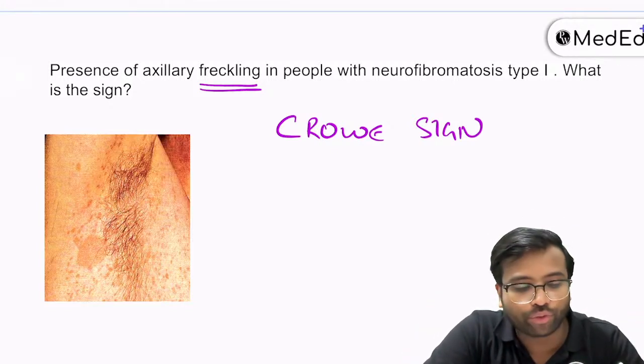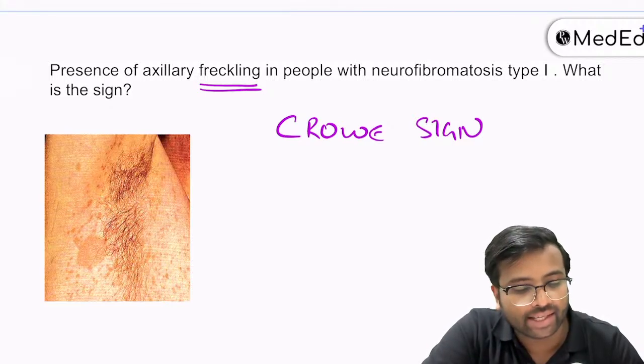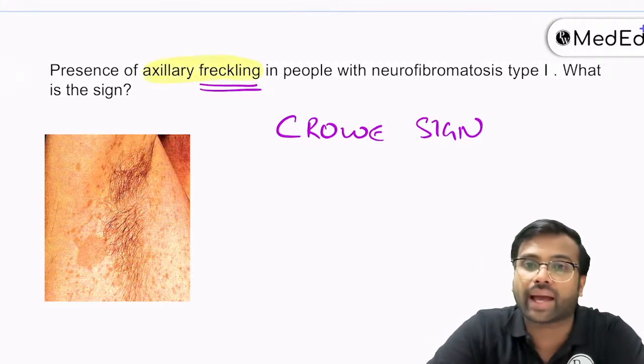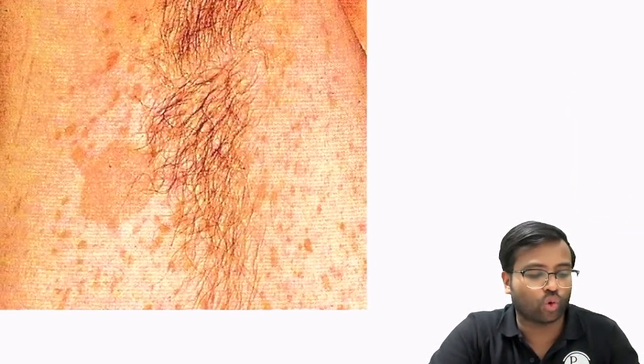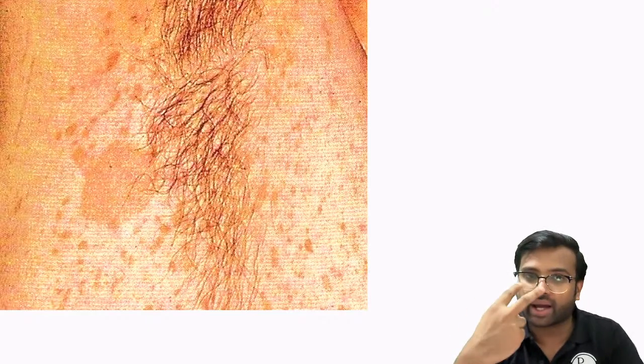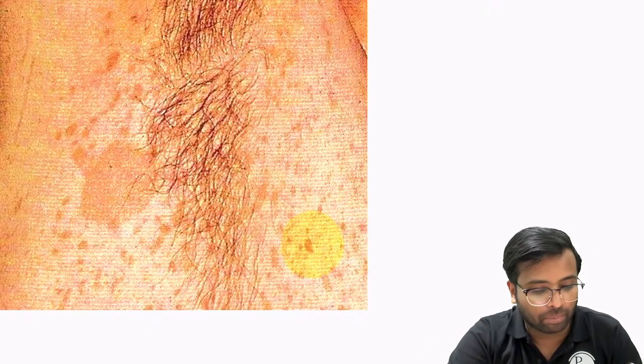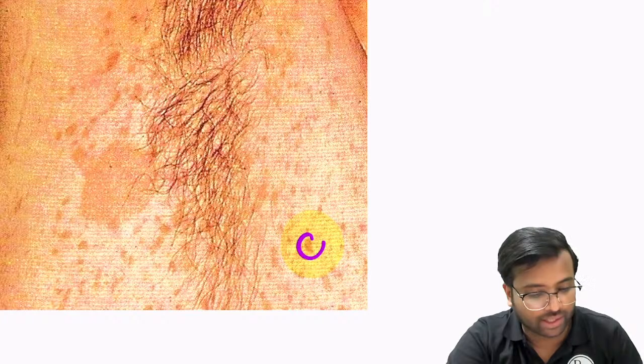Now here what you find is axillary freckles. Now what are these axillary freckles? I'll just zoom this image for you. Can your eyes see multiple brownish spots over the skin?